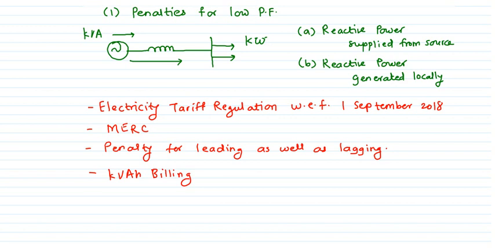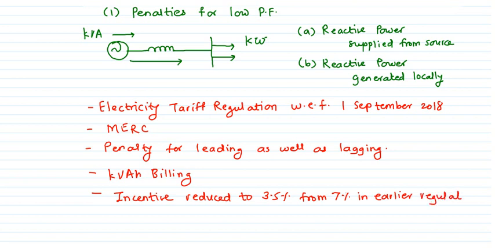So the maximum incentive is reduced to 3.5% from 7% in the earlier regulation.